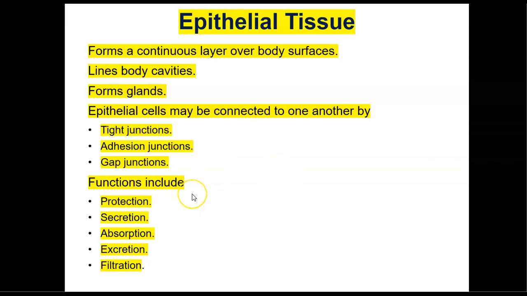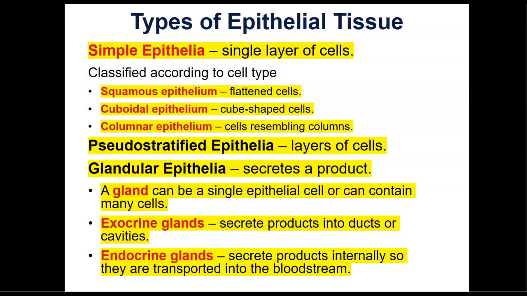And the functions of epithelial tissue include protection, secretion, absorption, excretion, and filtration. And we'll talk more about those functions as we go through the different tissue types. So we're going to learn first about the primary types of epithelial tissue and how they're named. First thing we do when we're naming epithelial tissue is ask, is this tissue a single layer of cells or multiple layers of cells?